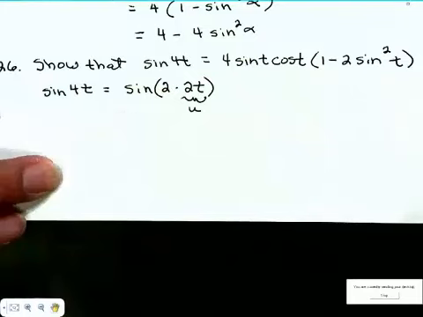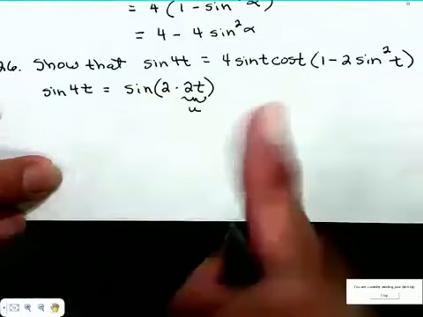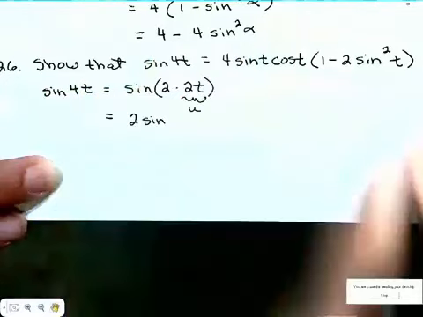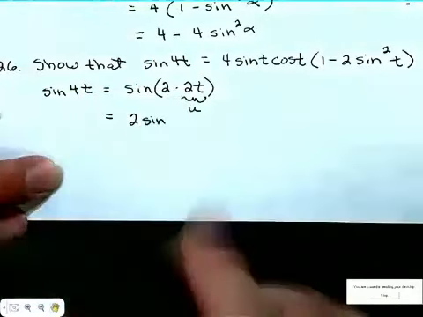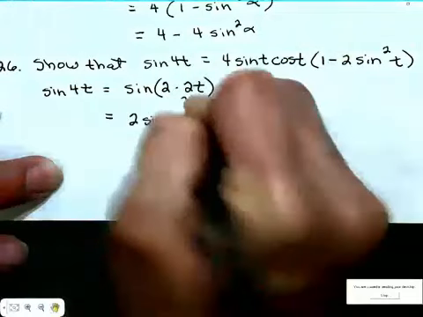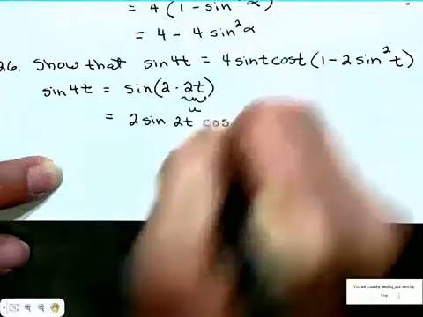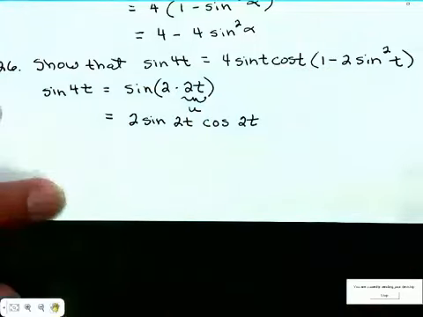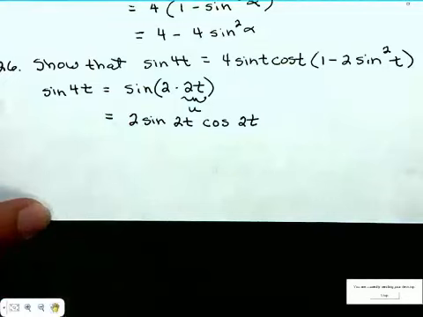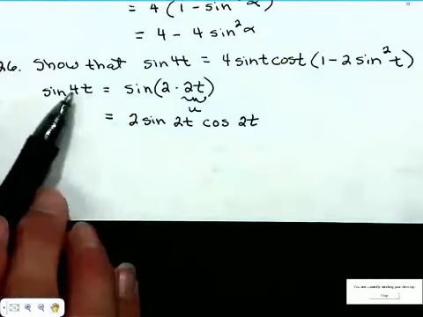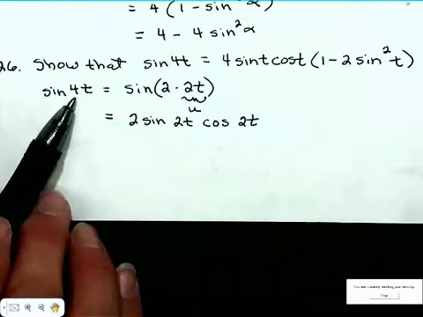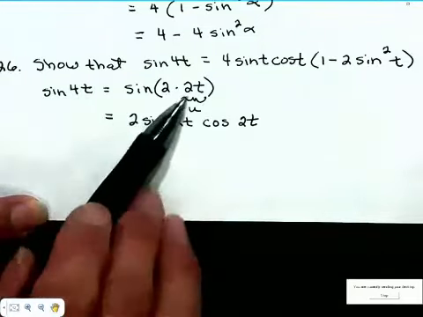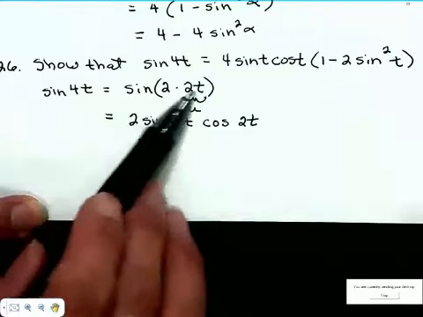And the formula for sine of 2u is 2 sine of u, well, u is 2t, cosine of u. And again, u is 2t. So all I had to do was break that 4t apart into a double angle and recognize that in the formula u would be 2t.